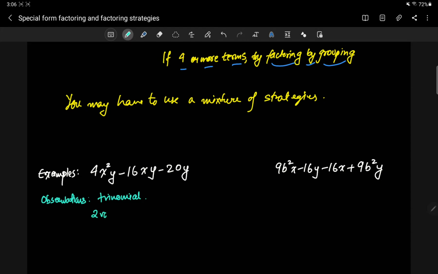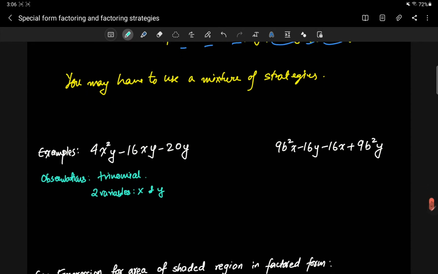There are two variables, x and y. There's a y in each term and a 4, which points me towards the fact that the GCF here is 4y.